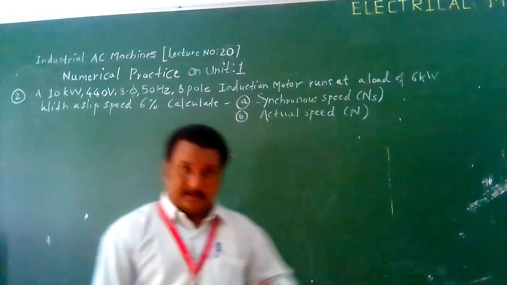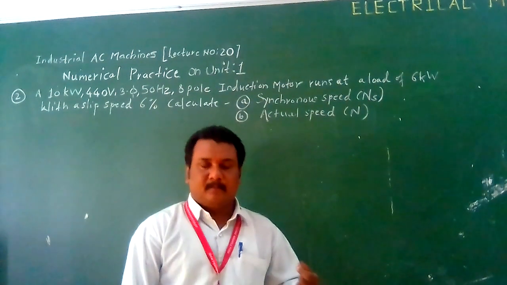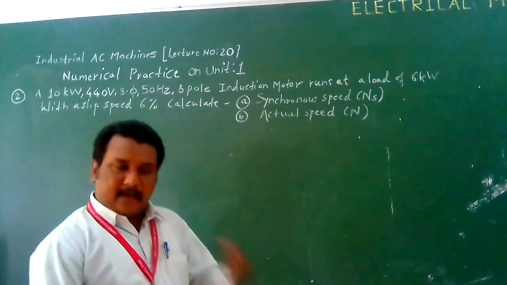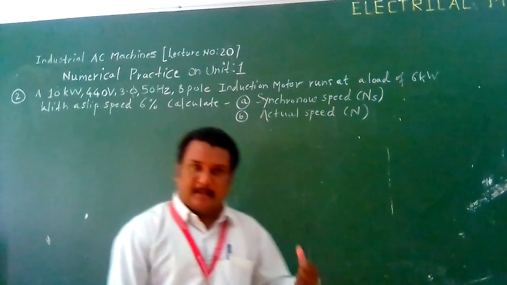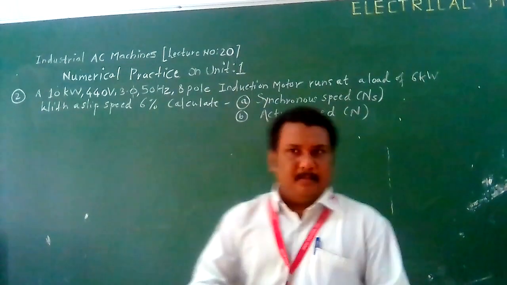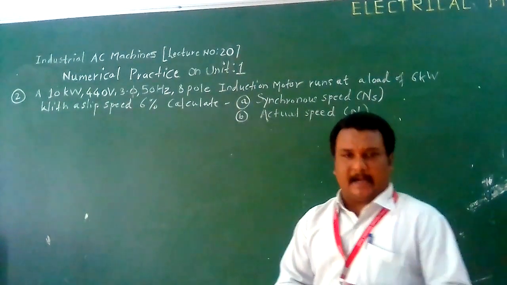Then we have to calculate synchronous speed ns and actual speed n. It is similar to the previous example, but in this example some different techniques and methods are adopted.